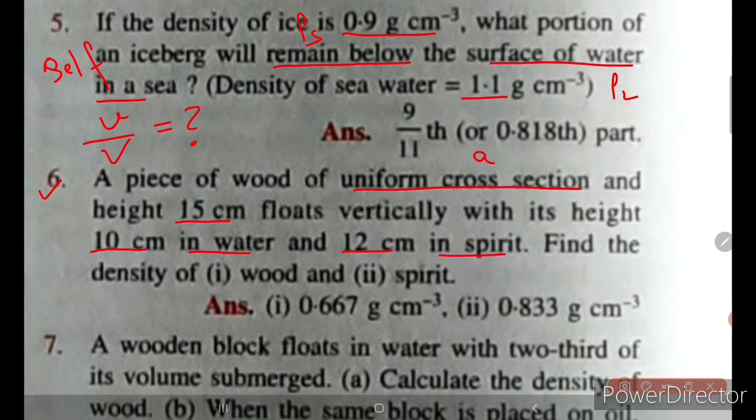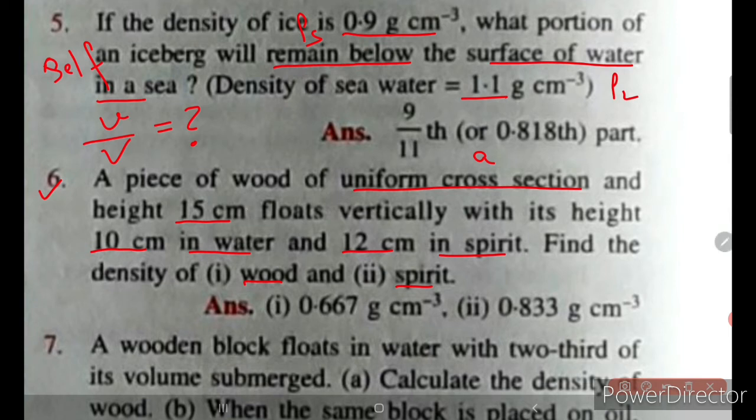Find the density of wood and the density of spirit also. So this question is somewhat like number 3, but it's not exactly same as number 3, so I have done this for you all, but here also we have to use that principle of flotation.